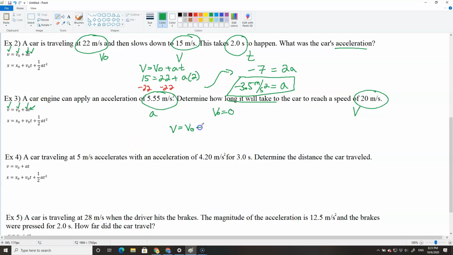V is v initial plus at. So 20 is 0 plus 5.55 t. It now becomes a matter of taking 20 and dividing it by 5.55. And the time is 3.60 seconds.